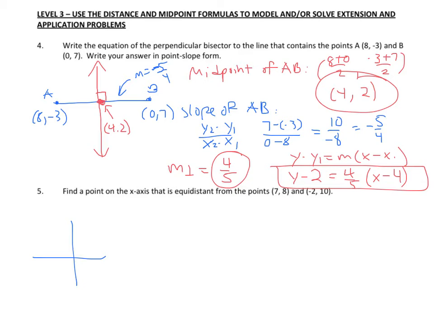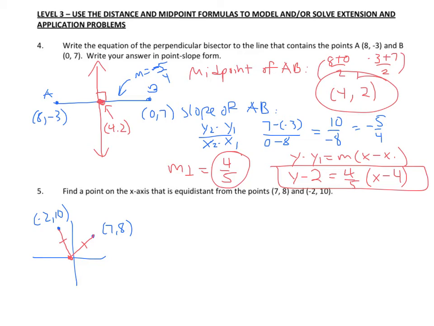The point 7, 8 is in quadrant 1, and -2, 10 is in quadrant 2. And we want a point on the x-axis that's equidistant from those 2 points. So some point on the x-axis, I'm not sure where it is, that is the same distance from those 2 points.